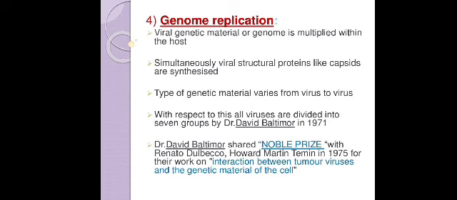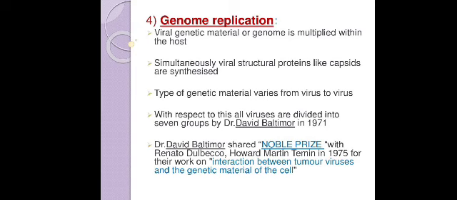Then the next step is genome replication. Here the viral genetic material or genome is multiplied within the host. Simultaneously, viral structural proteins like capsids are synthesized. The type of genetic material varies from virus to virus. With respect to this, all viruses are divided into 7 groups by Dr. David Baltimore in 1971.